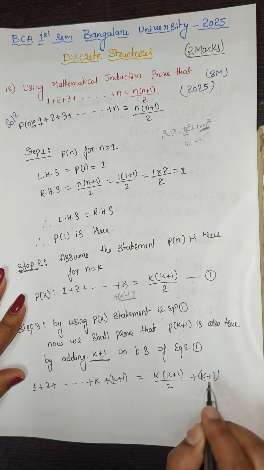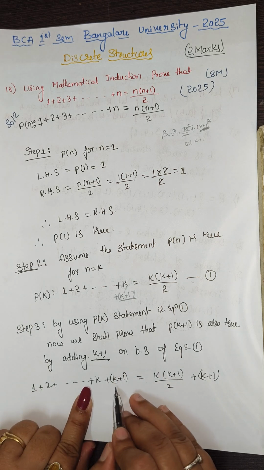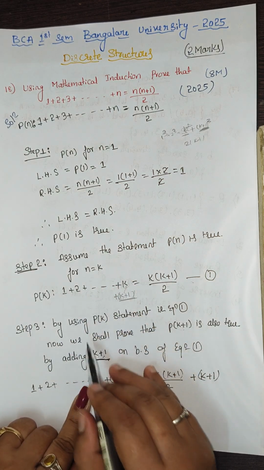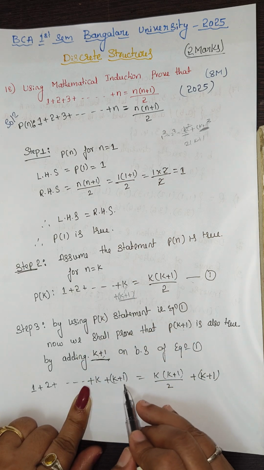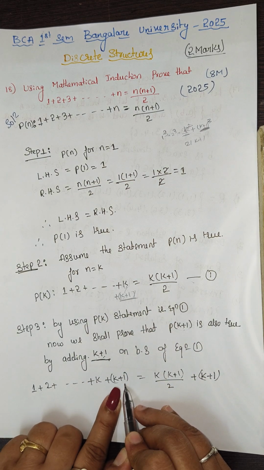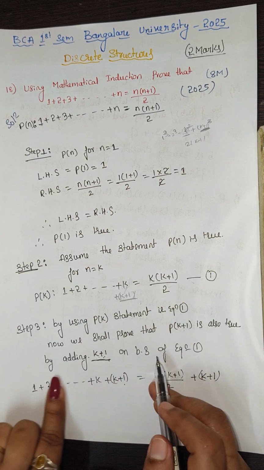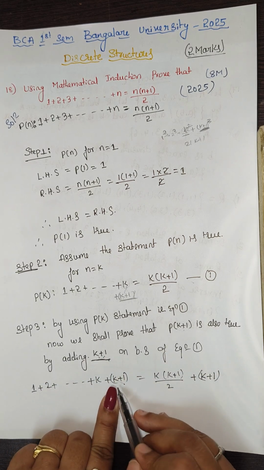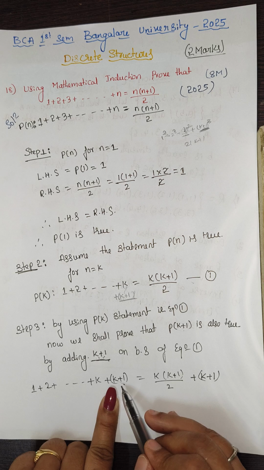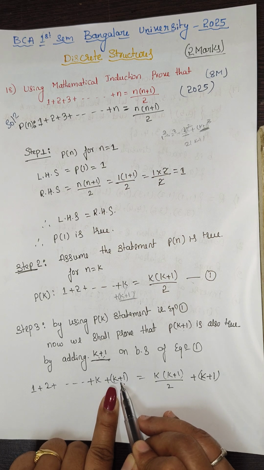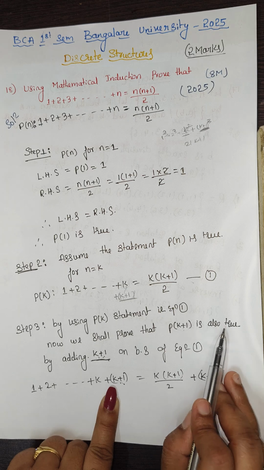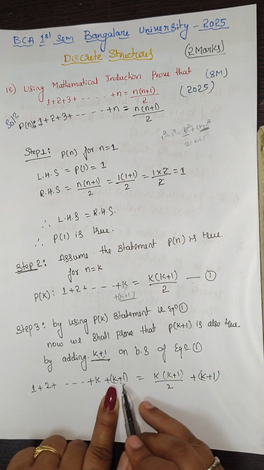Now see students, on the left hand side, by observing the equation, we already took this k plus 1. So it's correct, no need to do anything more. It's 1 plus 2 plus up to the last term k plus 1, because we are proving for k plus 1, P of k plus 1. So it's already solved.